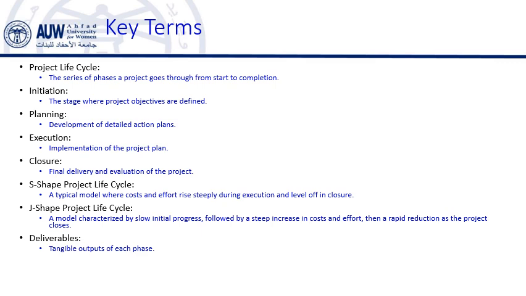The J-shaped project life cycle is characterized by high initial cost and effort, followed by a significant drop or slower progress, and then a rapid increase in cost and effort toward completion.